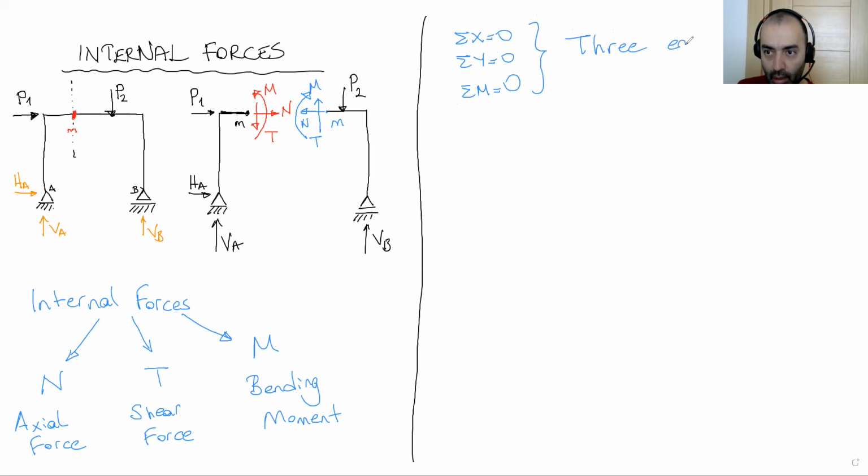Three equilibrium equations. So at the end of the day, 3 unknowns, which are N, T, M, right?